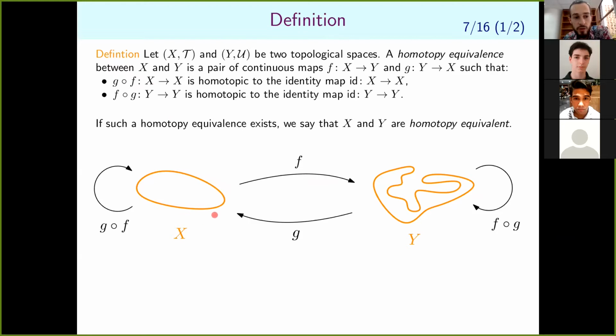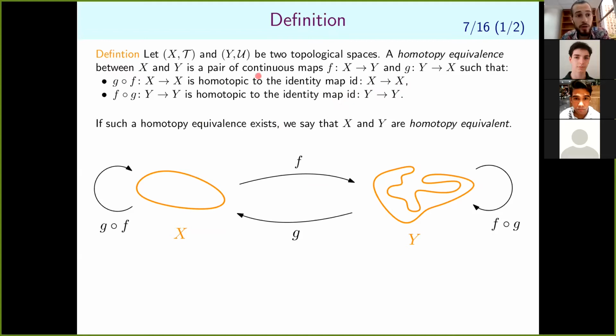You start with X, you apply F, you are in Y, and then you apply G, you are again in X. I want this composition to be homotopic to the identity between X and X, okay?